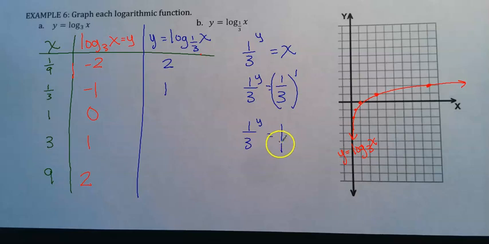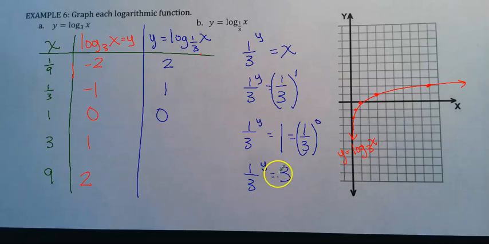Okay, again, any number to the power of 0 equals 1. So we can take (1/3)^0, and that equals 1. So our y equals 0. Again.